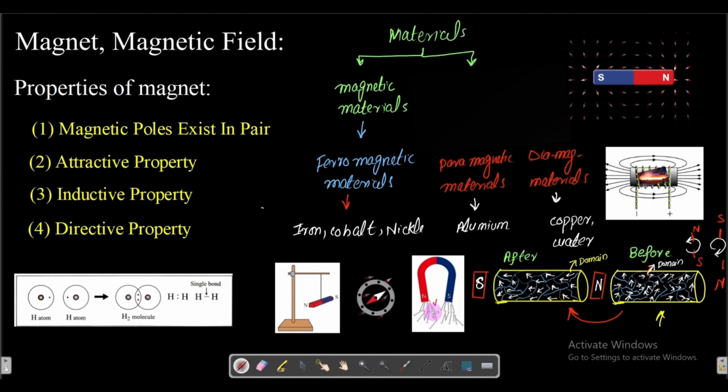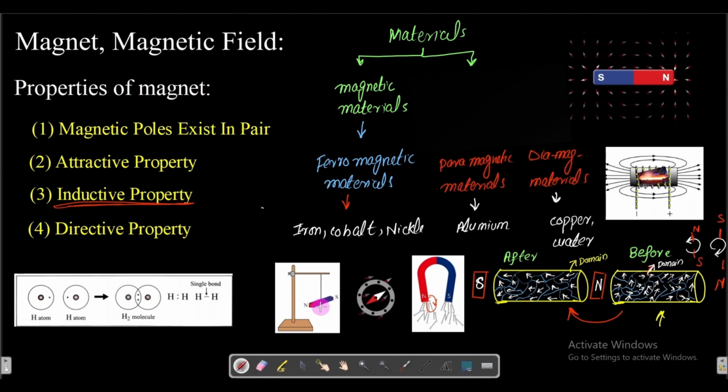It means that in the first nail, the electrons are aligned in a specific direction due to the original magnet, due to which this nail also behaves as a magnet, and it will attract the other nail. And this property of the magnet is called the inductive property.